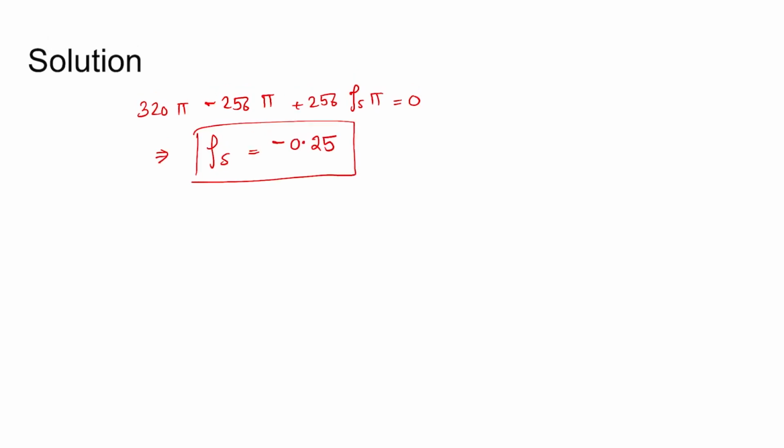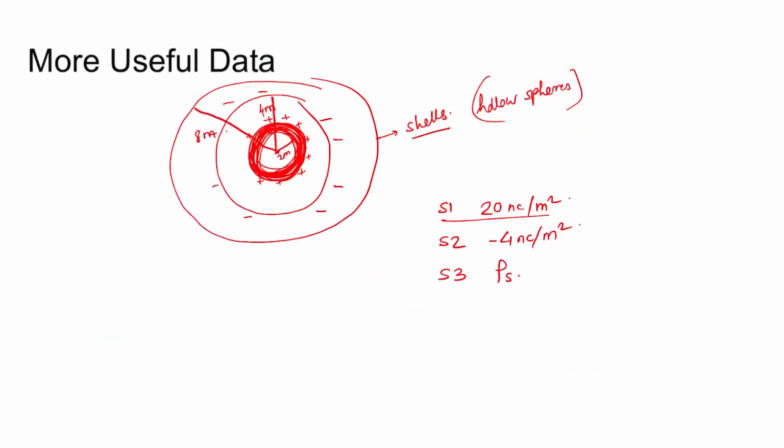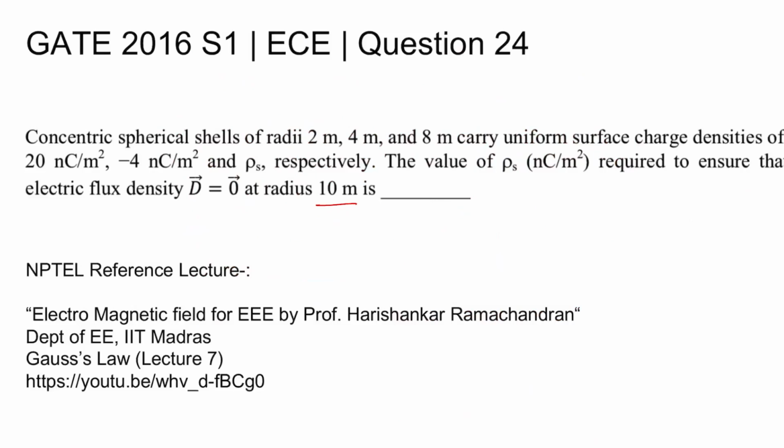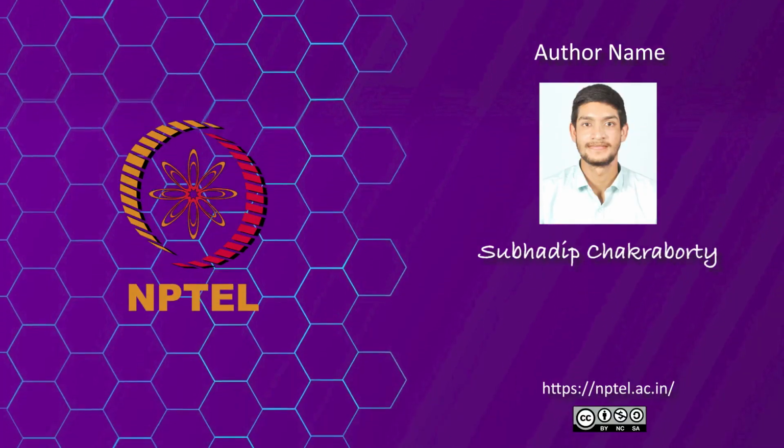Since we already reduced in nanocoulomb, rho s is already coming in nanocoulomb, so rho s equal to minus 0.25 nanocoulomb per meter square. This should be the value of the surface charge density of the third hollow shell, such that the net electric flux density at the outside point of this configuration comes out to be 0. The answer is minus 0.25 nanocoulomb per meter square. Thank you.